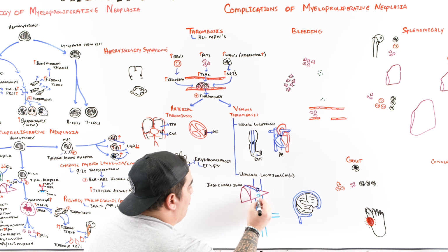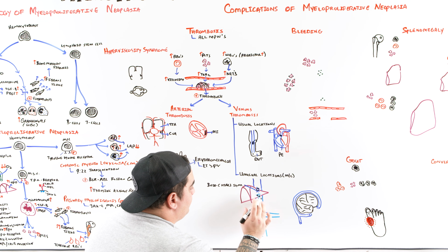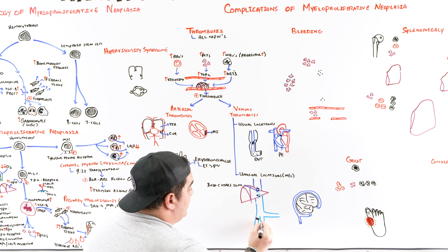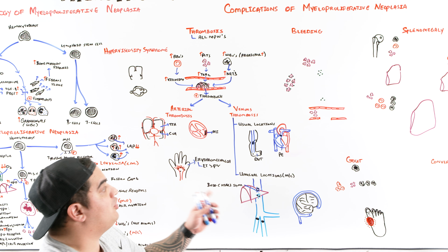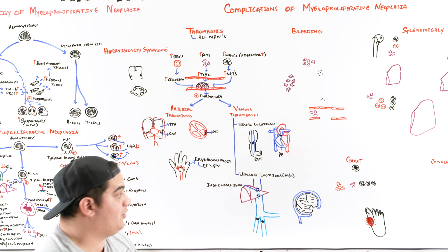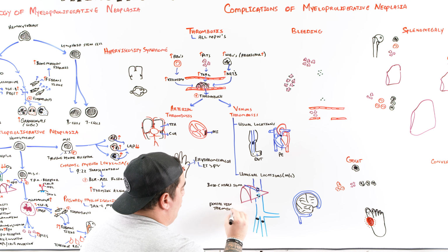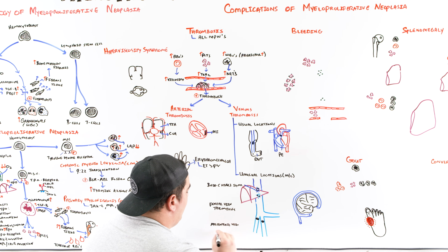If they have clots in the portal vein, or in the mesenteric veins, this also should be making you think about Polycythemia Vera or essential thrombocythemia. So portal vein thrombosis or mesenteric vein thrombosis.